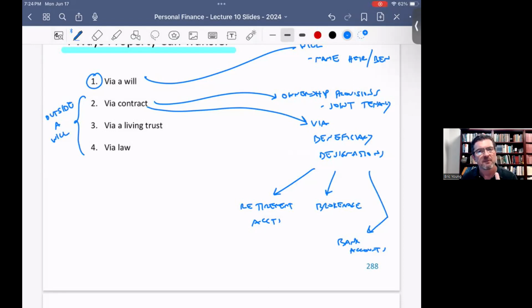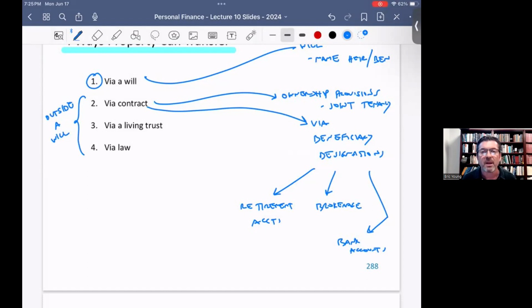You can have one beneficiary who gets 100% of the account. You can have multiple beneficiaries where you split it up. You can split it up evenly, or you can split it up skewed. It's all up to you. But here's the key.